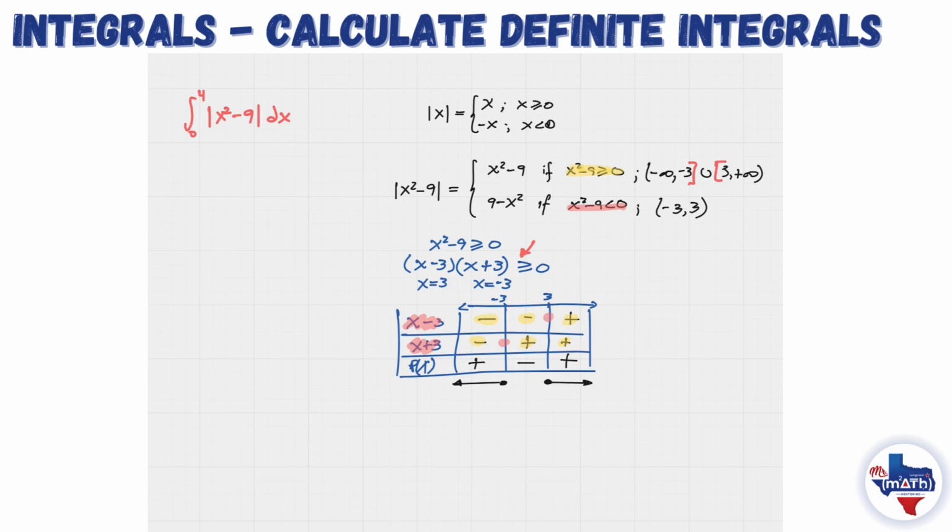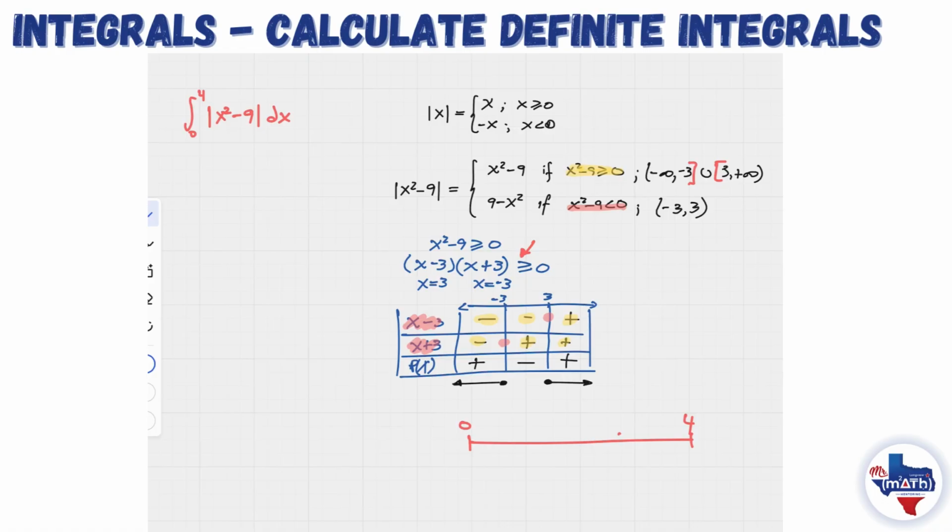Okay, so that being said, our main interval, our limits of integration here, are going from 0 to 4, right? If those are going from 0 to 4, what do we know?